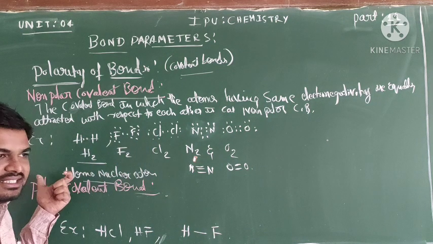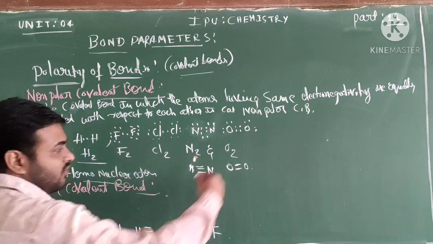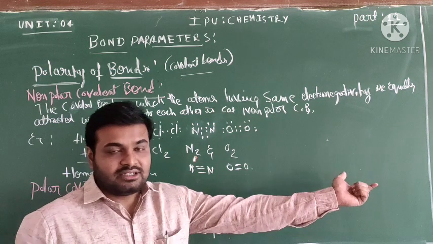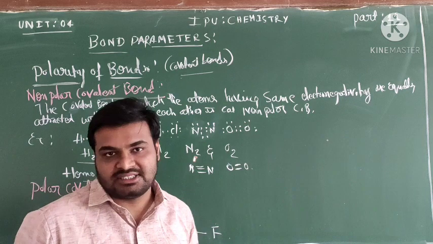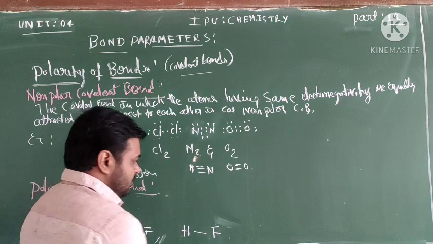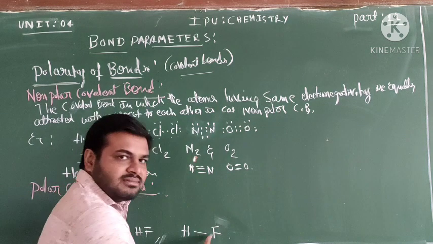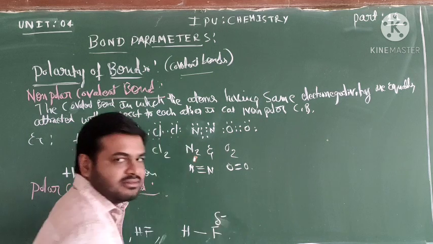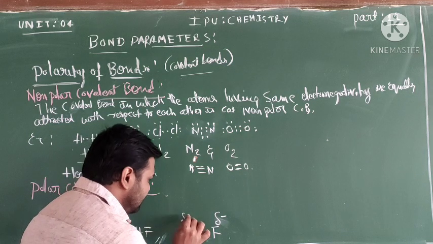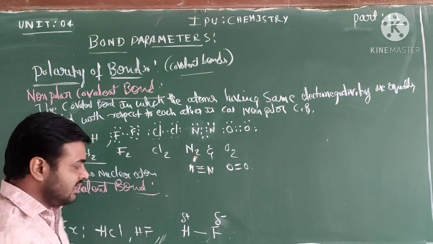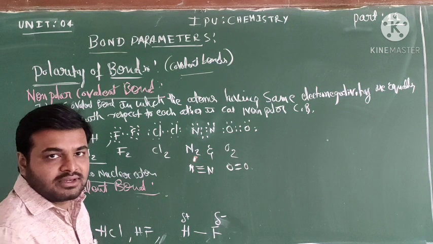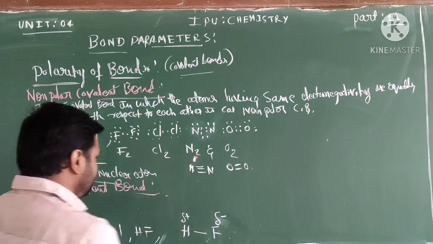The H atom is on the left side, and fluorine has a high electronegative nature; it's a p-block element. So the fluorine atom carries a partially negative charge, and hydrogen a partially positive charge. Different electronegativity. What's the definition of a polar covalent bond?